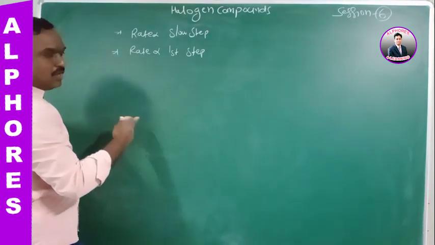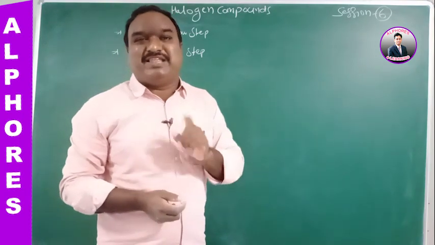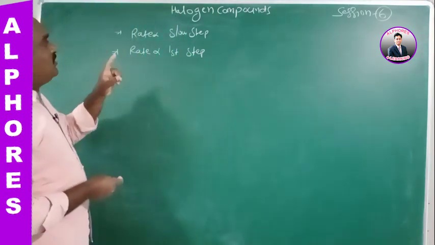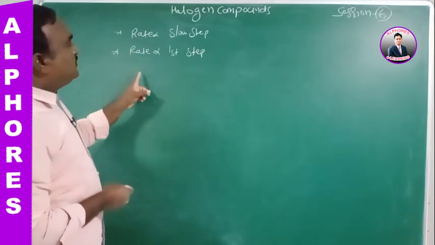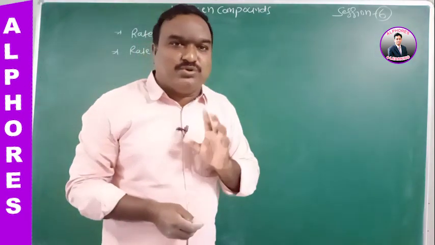In the first step, how many components are involved? Only the substrate, only the reactant. That means the rate of unimolecular nucleophilic substitution reactions mainly depends on the concentration of alkyl halide only.